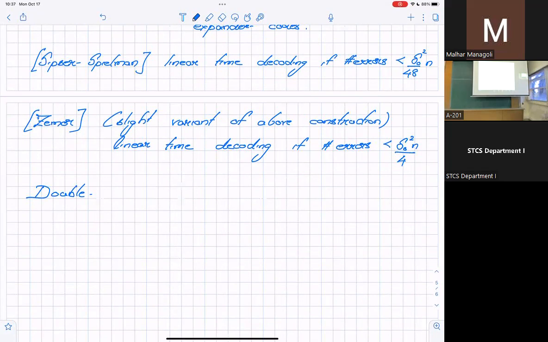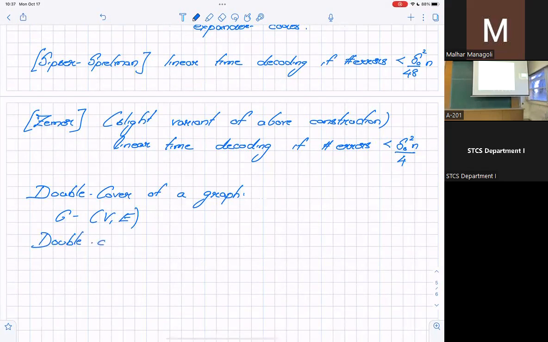So, the double cover graph. I give you a graph, say G = (V, E). The double cover is a bipartite graph, and I tell you what the left side and the right side are.